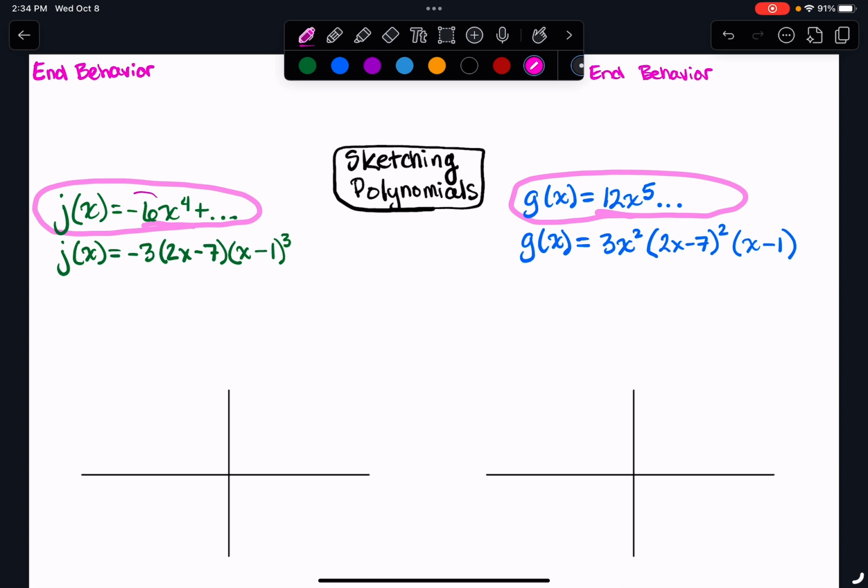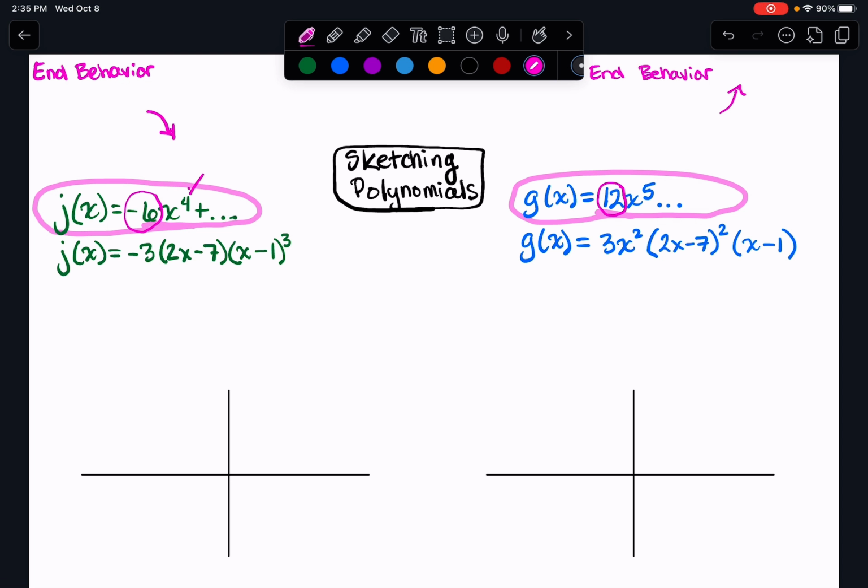So in j of x, my leading coefficient is negative, which means that on the right side, this polynomial is going down. As x approaches positive infinity, the function is approaching negative infinity. And in g of x, my leading coefficient is positive, which means as x approaches infinity, g of x will also approach infinity. So the leading coefficient tells me the behavior on the right side.